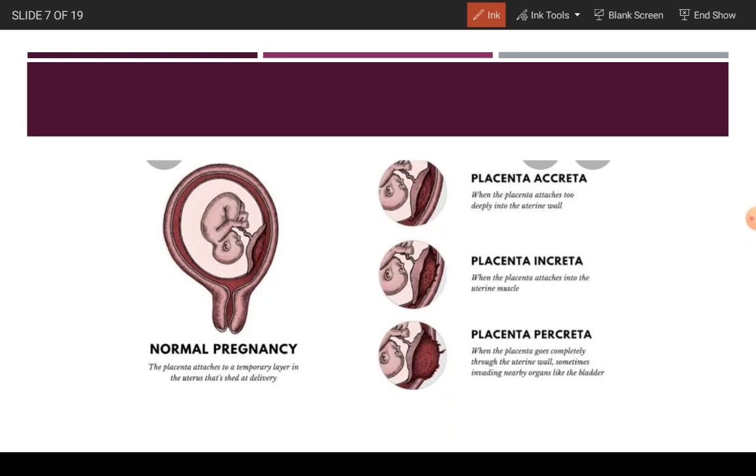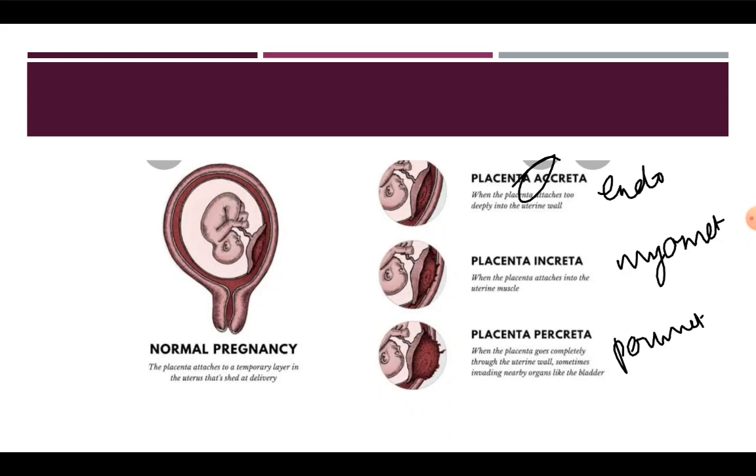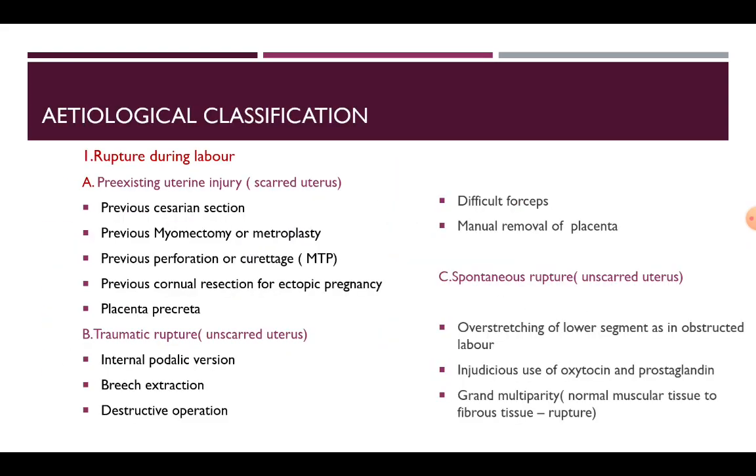In accreta it is still in the endometrium, but too deep. In increta it has gone into the muscle, that is the myometrium. In percreta it has gone till the perimetrium, sometimes nearby organs like the urinary bladder also.